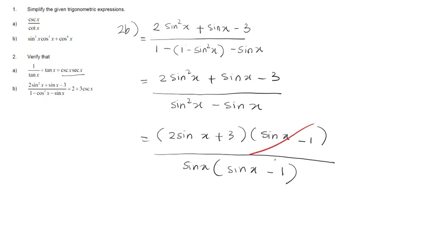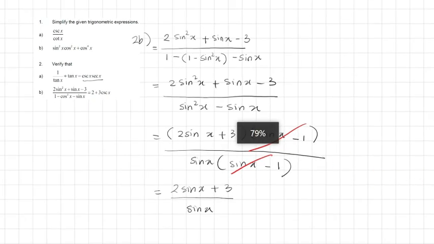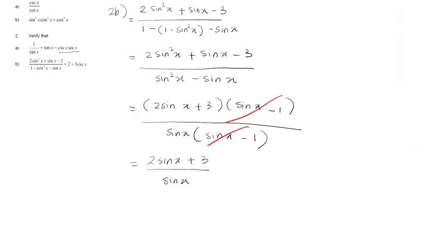So we can cancel this and we'll get 2 sine x plus 3 over sine x, and we will get 2 plus 3 over sine x, which is also equivalent to 2 plus 3 cosecant x.